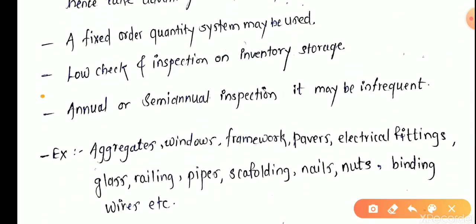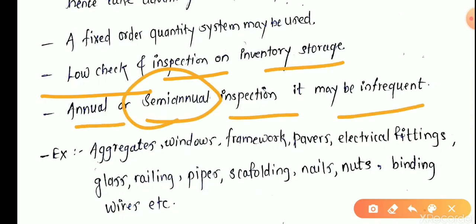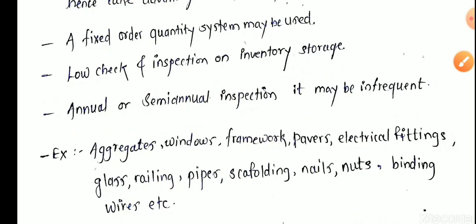Now the C type of item, low check and inspection on inventory storage, annual or semi-annual inspection, it may be infrequent. We can't decide that after 6 months we are going to check, or after 1 year particularly on this date we are going to check how much C type of item we used and how much remains, okay, on a similar basis.